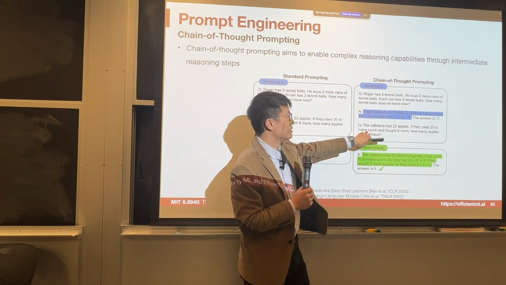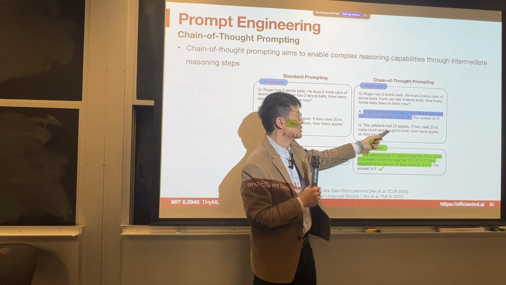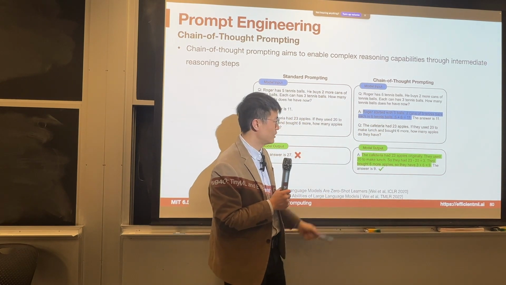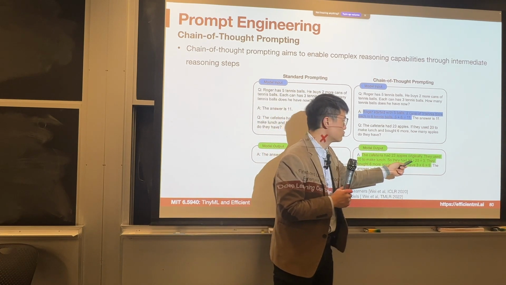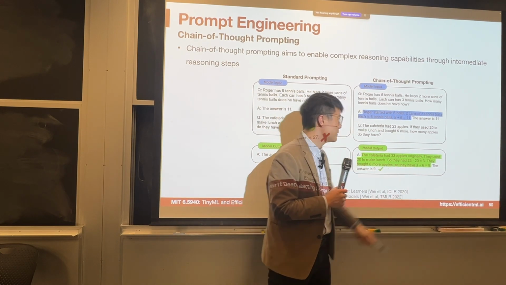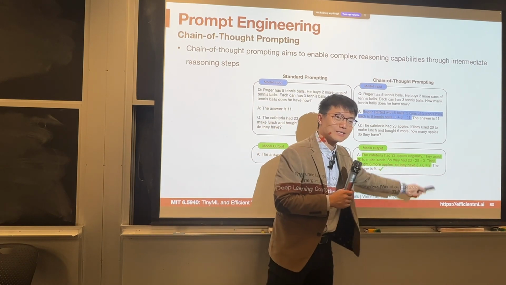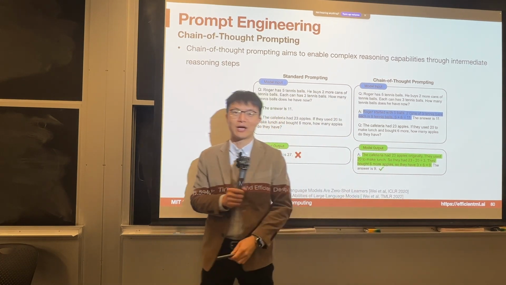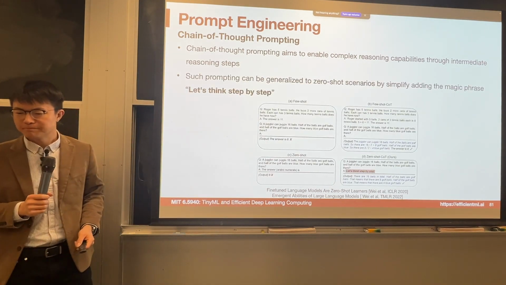When given the new question, 23 apples, use the 20, purchase the 6, how many do we have? It's going to say they used the 20 to make lunch, so 23 minus 20 is 3. Then bought 6 more, so 3 plus 6 is 9. So altogether you have 9 apples. So this is chain of thought prompting.